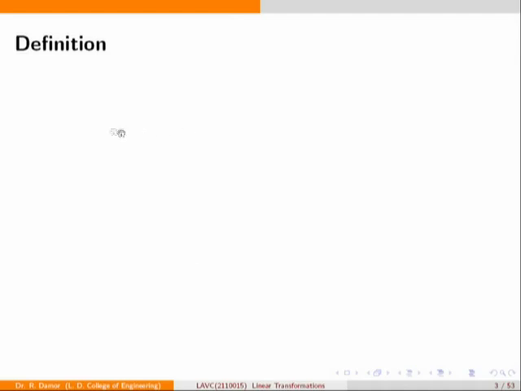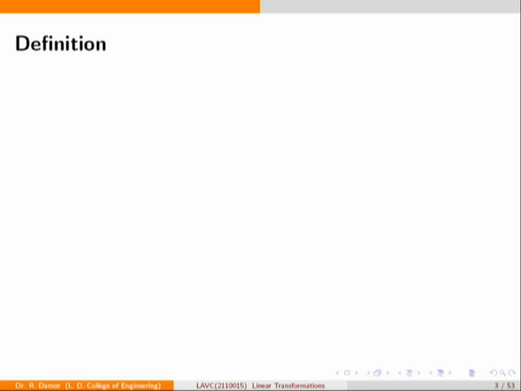So this is just recalling: what is the linear transformation? In our previous lecture we defined the linear transformation. What is the definition? Just recall how we define the linear transformation, from which set to which set.